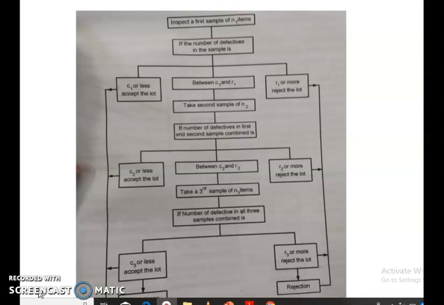If it is between C2 and R2, we take a third sample, n3 items, and inspect again. If the value of defective parts is less than C3, we accept the lot, and if it is more than R3, we reject the lot. So this is about the multiple sampling type.